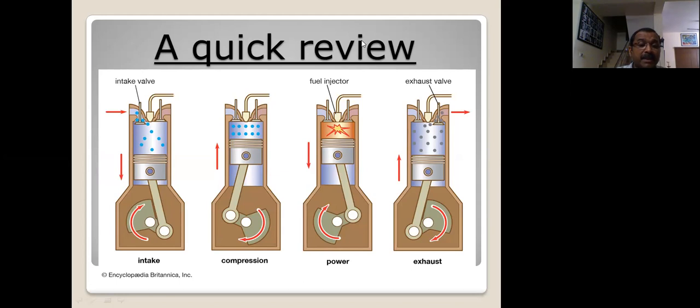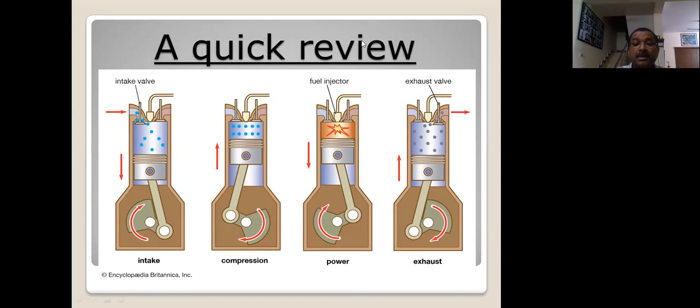This is the piston and this is the cylinder. So very first we will be taking in the air, filtered air. That stroke is called the intake stroke. Then this air will get compressed. So that is the compression stroke.